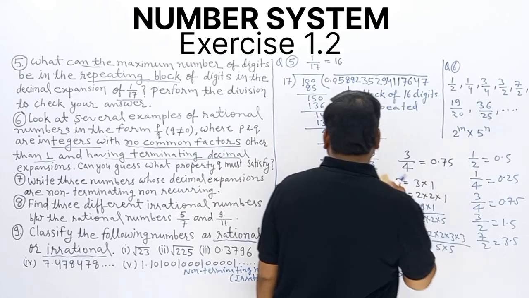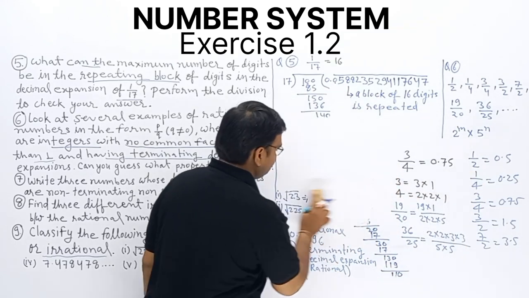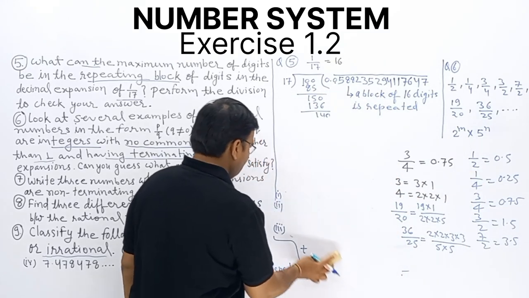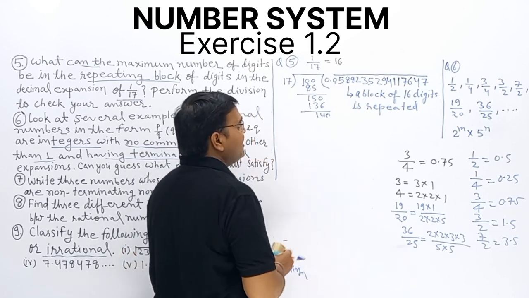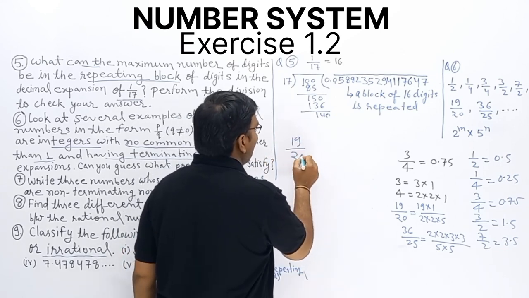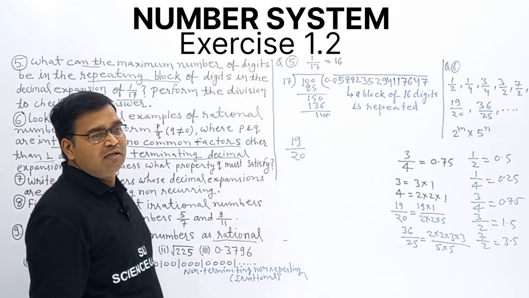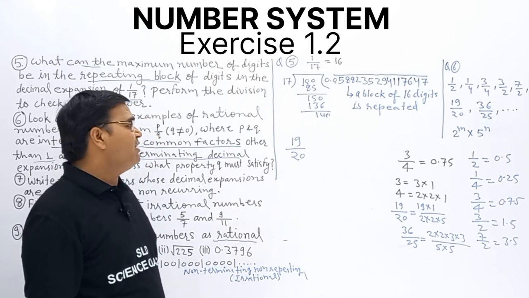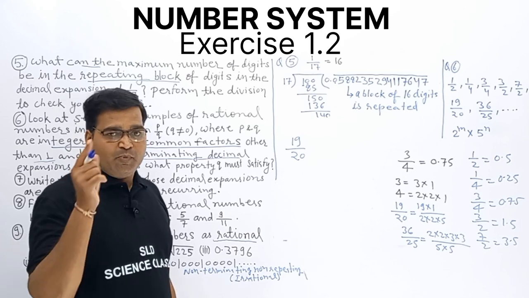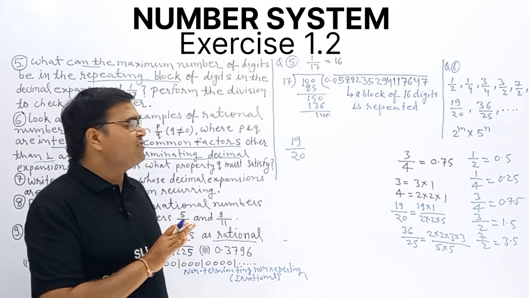So I am taking 19 upon 20. Once we divide, will this be terminating or not? Without dividing, we can find its termination.